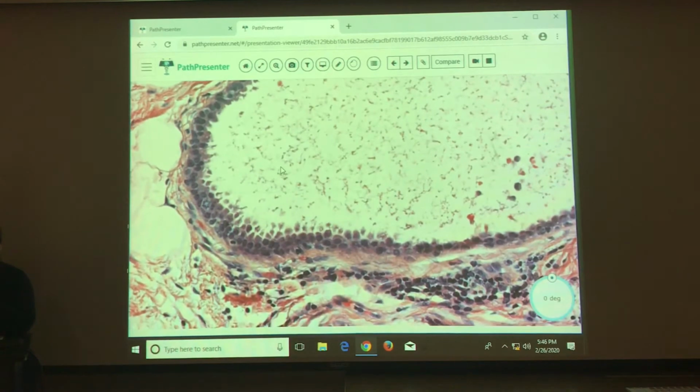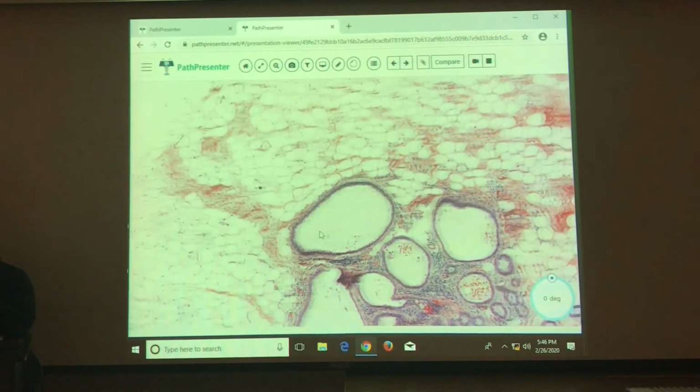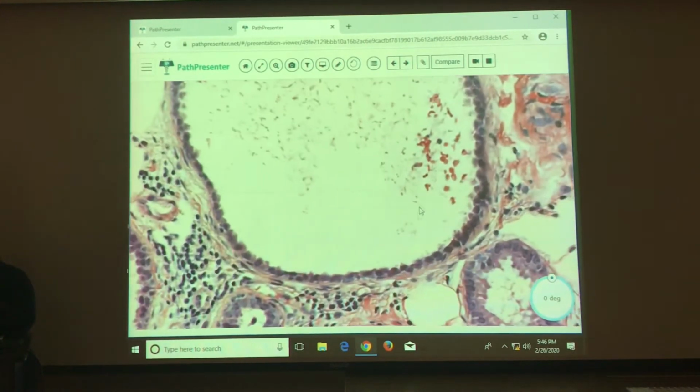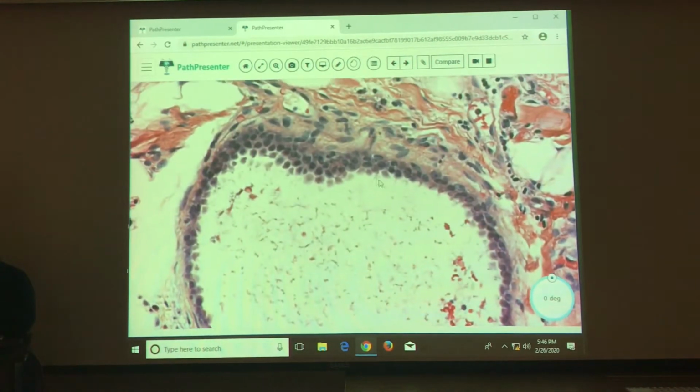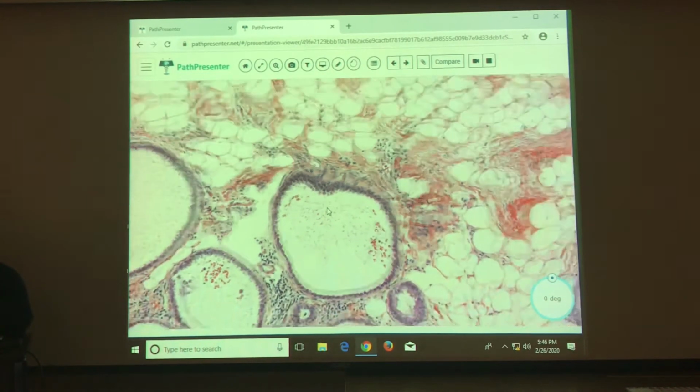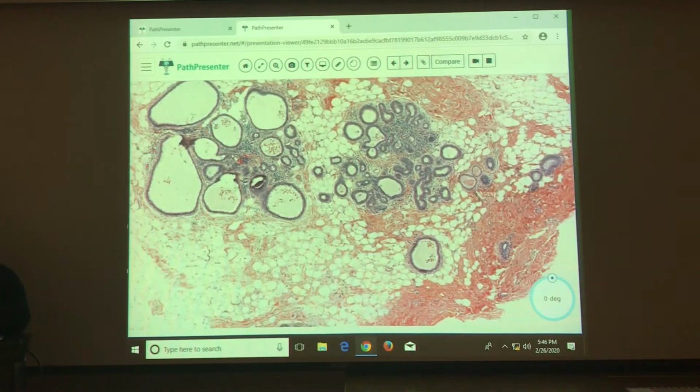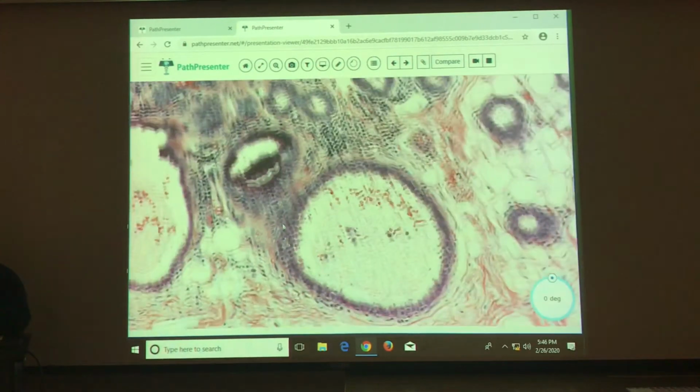Okay, but I don't see much cellular atypia here. Yeah, and there are multiple layers of cells somewhere here. There are some. That looks more regular though. So here I think is good for columnar cell change.